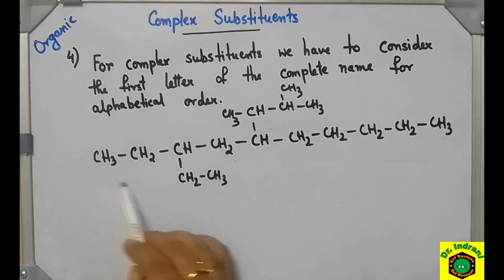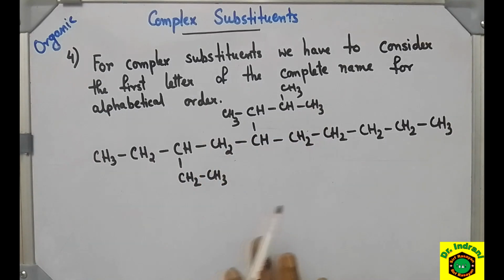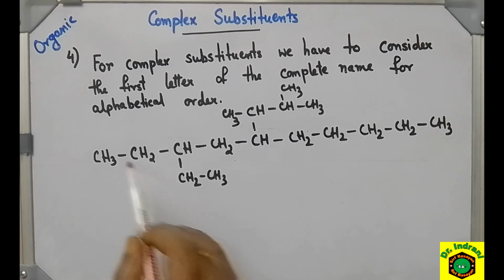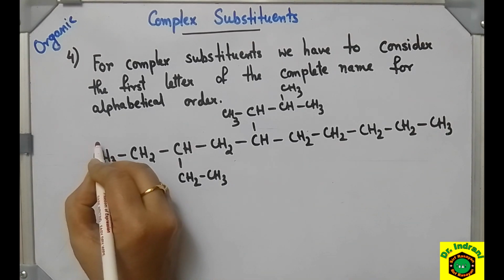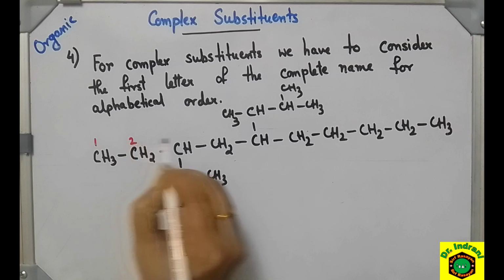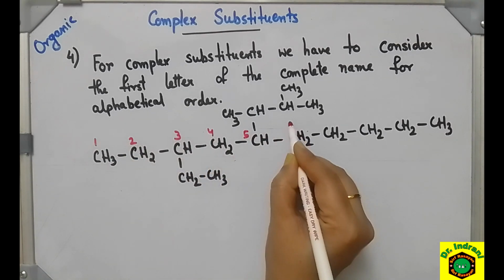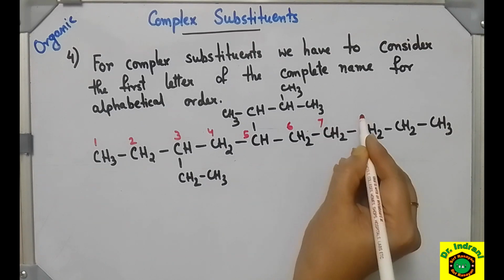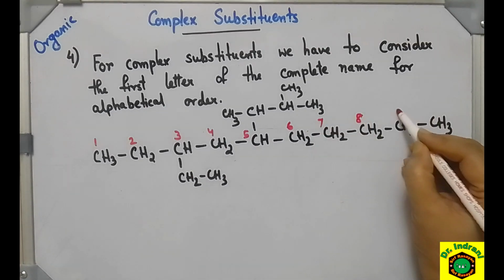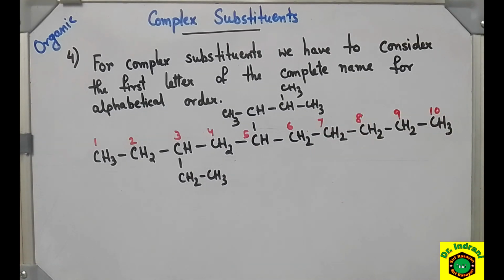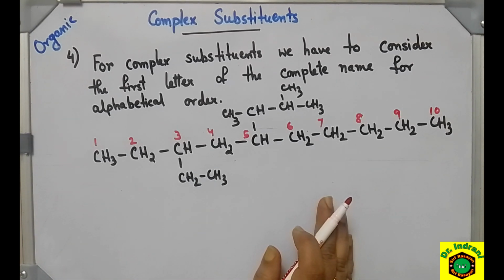It is having this and this substituent. So both are similar. Any one you can use. So now we have to do numbering. Here 1, 2, 3, 4. This carbon 5. This is 6, 7, 8, 9, 10. From left hand side we are doing numbering because we have to follow lowest set of locants rule.